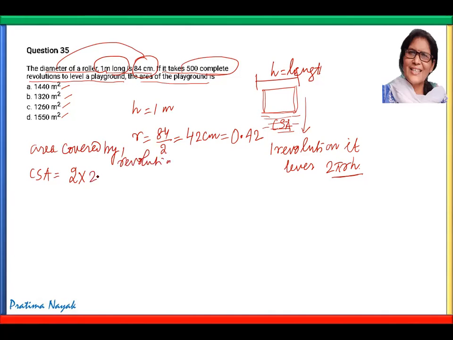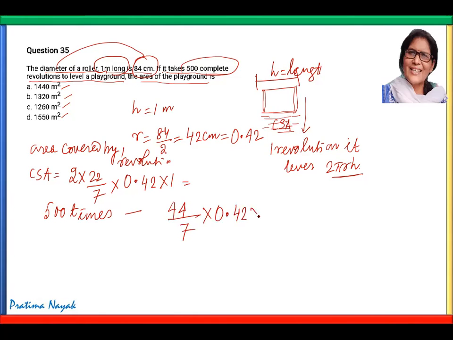2 into 22 by 7 into 0.42 multiplied by 1. So this is for 1. Now it will revolve 500 times, so I'll multiply by 500 here. So it will be 44 by 7 multiplied by 0.42 into 500.